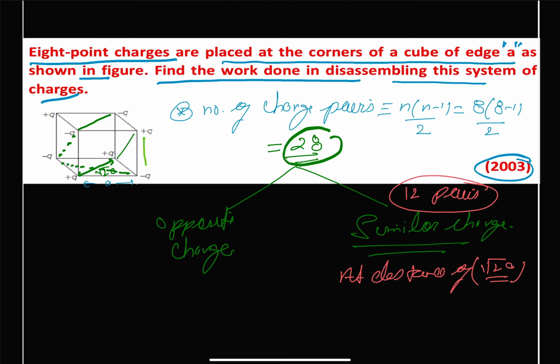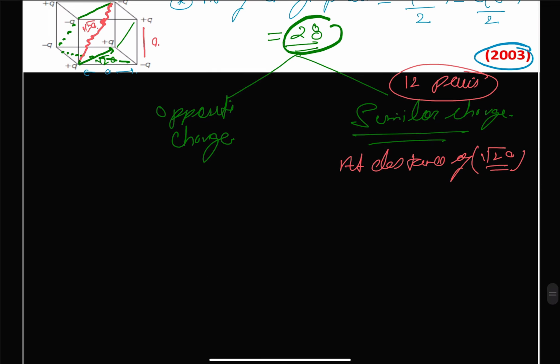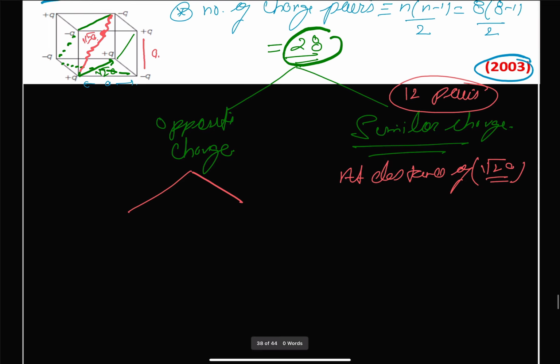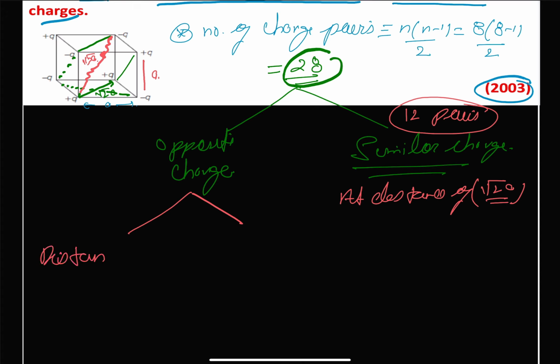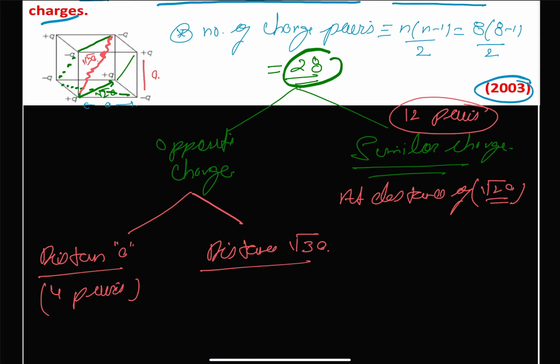From here we can say they are at a distance of A, and along with this they are also at this other distance, which will be square root of 3 times A. So opposite charges are at two different distances: one distance is A, and the number of pairs for this distance is 4 pairs, and the other is the distance of square root of 3 times A, and the number of pairs is 4.